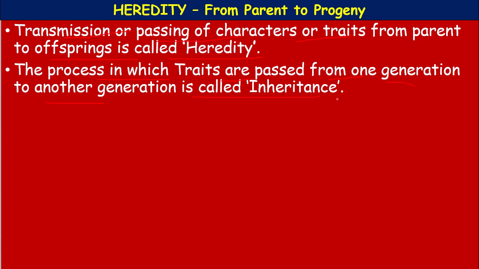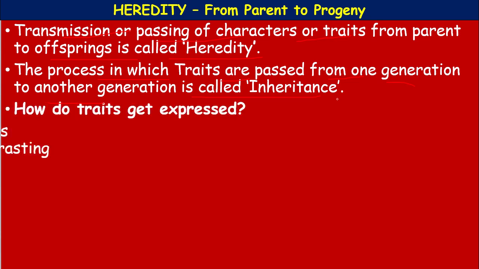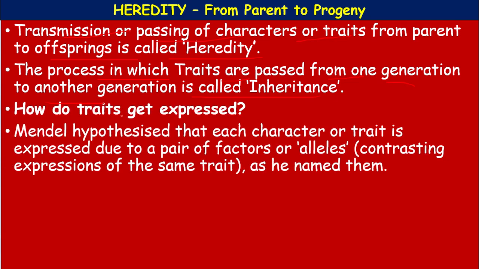Not from one parent to offspring, but from one generation to another generation is called inheritance. How do traits get expressed? How do these characters get expressed? Mendel hypothesized that each character or trait is expressed due to a pair of factors.